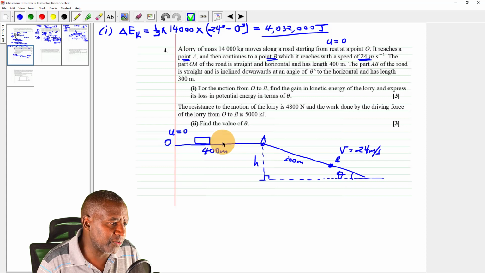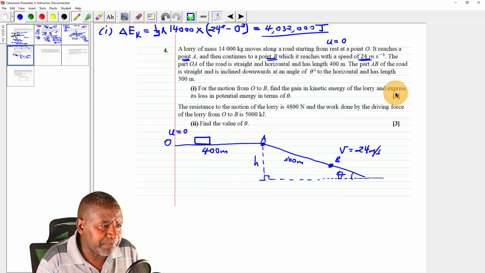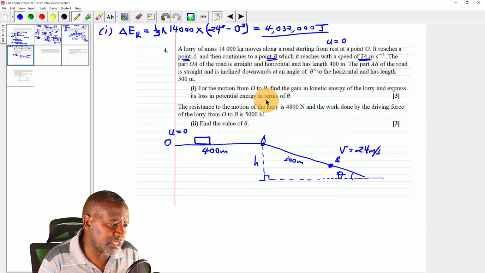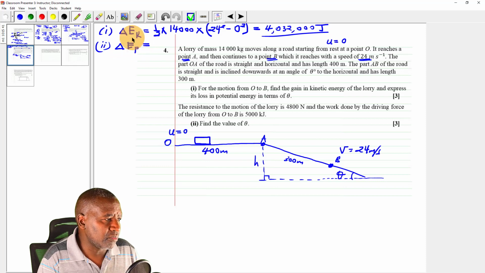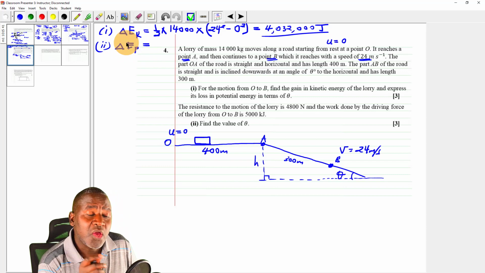So no problem with that. Express the loss in gravitational potential energy in terms of theta. I'm going to work out the gain in potential energy.